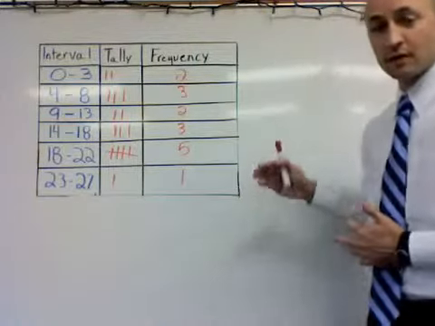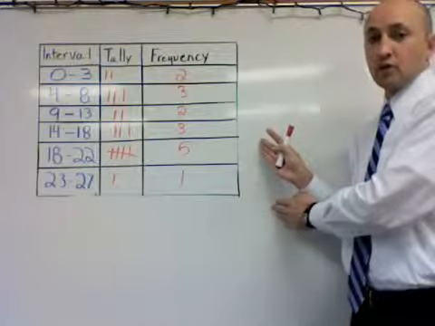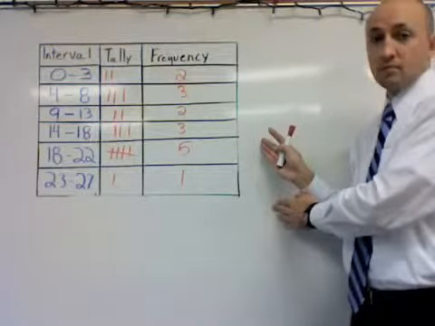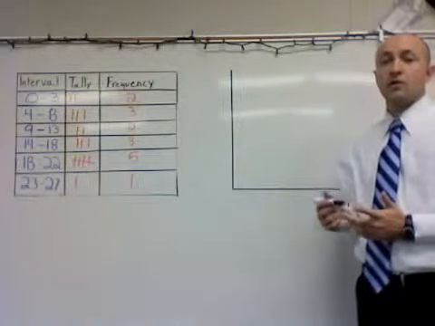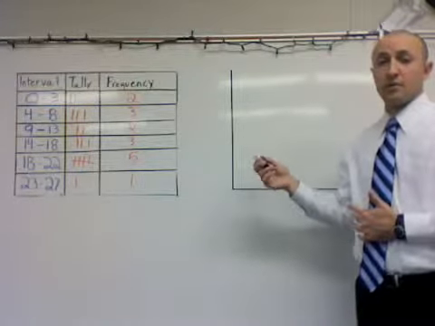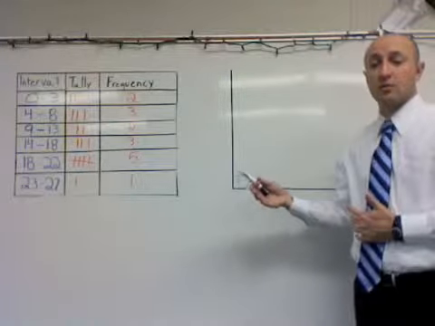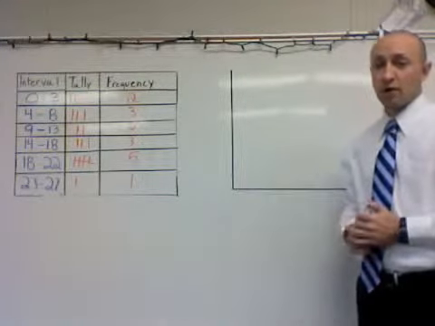And now that we've collected our data and made a frequency table, we're able to create what's called a histogram. A histogram, many of you will have some familiarity with this because it looks a lot like a bar graph, and we've seen and done bar graphs before.